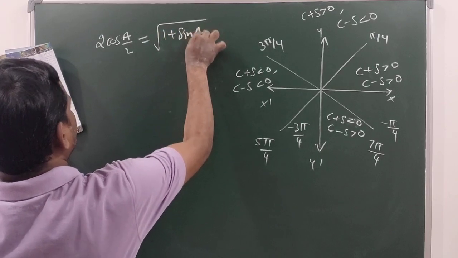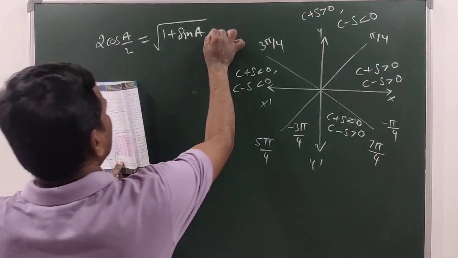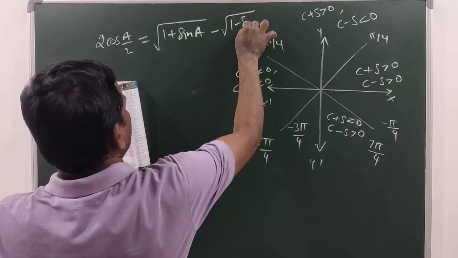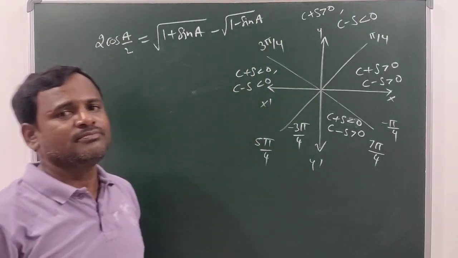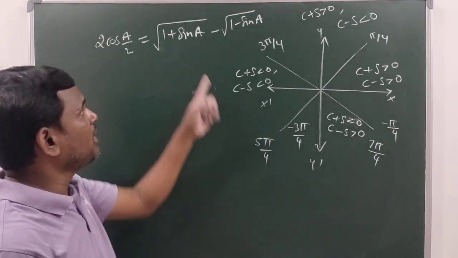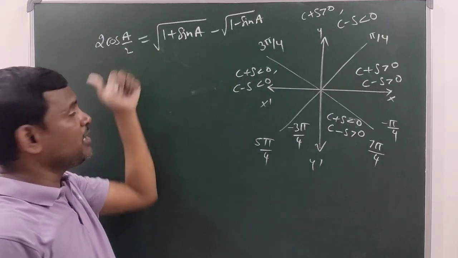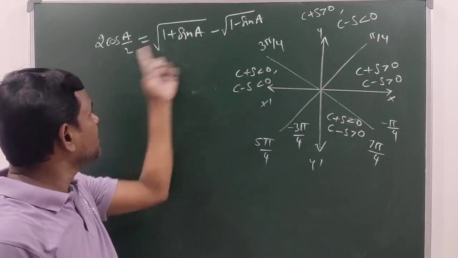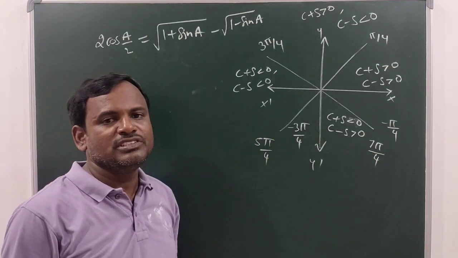See here, 2 cos a by 2 is equal to square root of 1 plus sin a minus square root of 1 minus sin a. Then what you have to determine? Angle a by 2 belongs to which interval? On simplifying these two, you have to get 2 cos a by 2. To get this result as 2 cos a by 2, then a by 2 belongs to which interval?